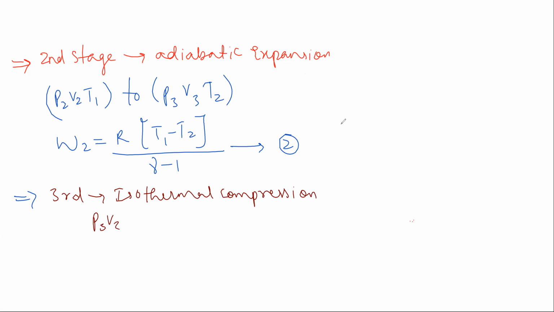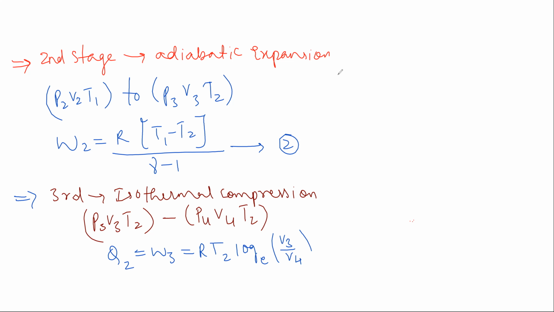The heat rejected Q2 by the gas to the sink at constant temperature T2 is given by Q2 is equal to W3, the work done, represented by RT2 log to the base e of V3 divided by V4. Let us consider this as equation 3.